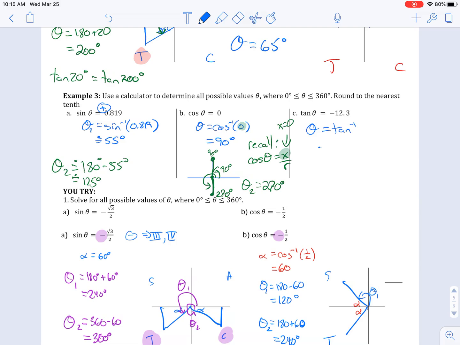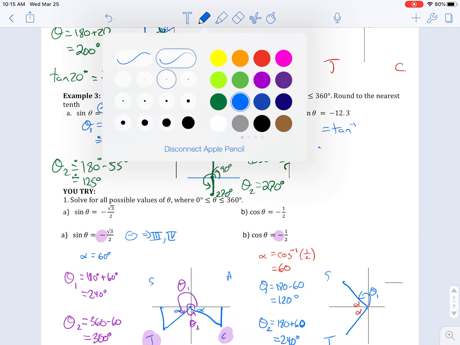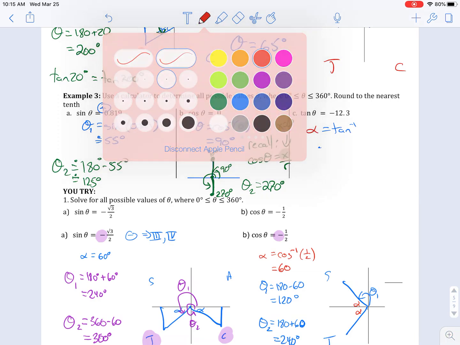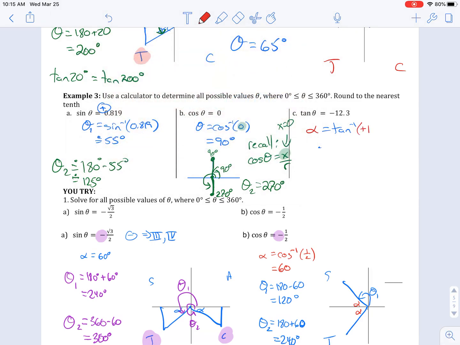So the next one is tan theta. When I want to do the inverse tan of this, what I should do is find the related acute angle. So I should rewrite that. This should be alpha. Alpha is going to take the positive version of this, and that's going to give me my related acute angle, which is approximately 85. So knowing that this is negative, where is tan negative? If you need to, you can draw it out.